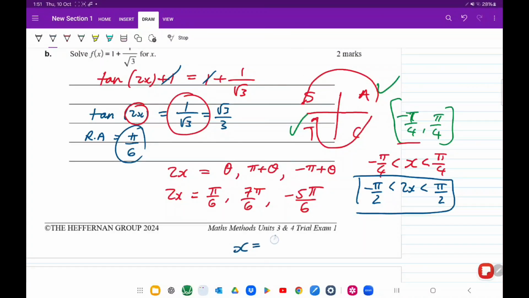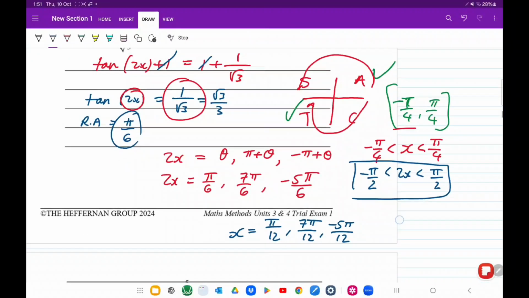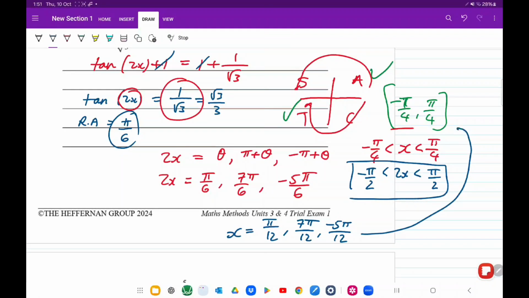So x is equal to pi on 12, 7 pi on 12, negative 5 pi on 12. But since our original domain is only from negative pi on 4 to pi on 4, we want to reject all other solutions that don't fall within the domain. So our only solution for this one is this.